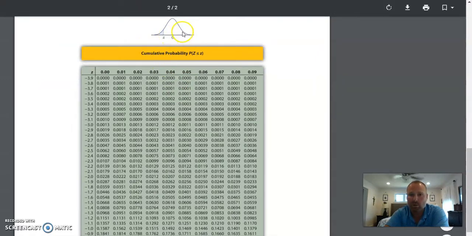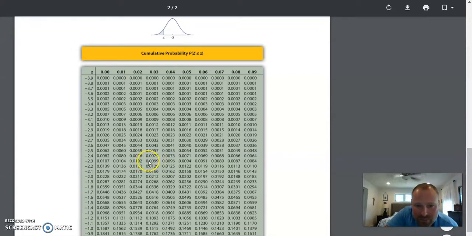I want to know what both tail ends are here, but if I figure out one, then I know both of them. And what we're going to do is find that 0.01 within these values. So if you look over here, you're going to find that 0.01 is going to fall somewhere in between 0.0102 and 0.0099.